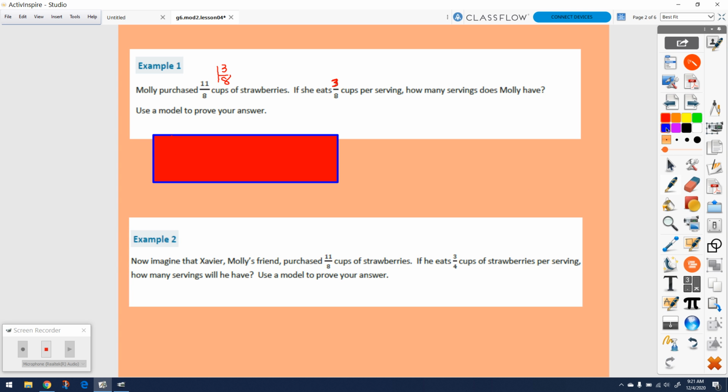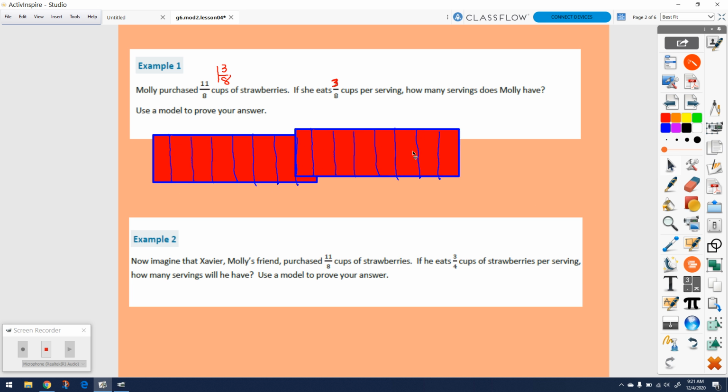So I need 7 lines. 1, 2, 3, 4, 5, 6, 7 lines. Now, when I look at that, there are 8 pieces, but in reality, I need this right here, this 11 pieces. So I'm going to need another one of these shapes. So I'm going to go ahead and copy it.